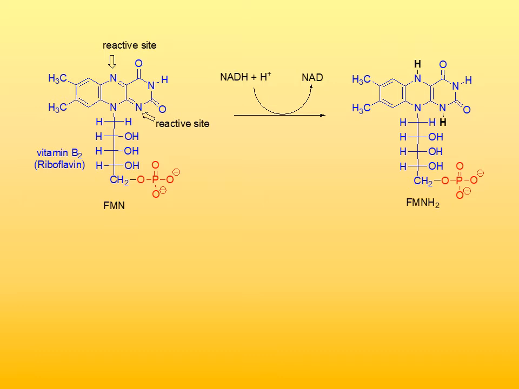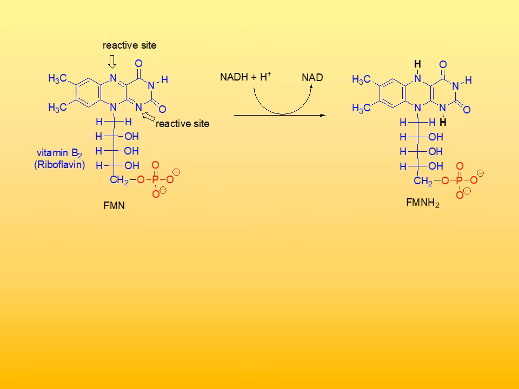In complex 1, NADH reduces FMN to FMNH2, and then electrons are transferred from FMNH2 to an iron-sulfur center, one electron at a time. If you look at reduction of FMN, we have two reactive sites.